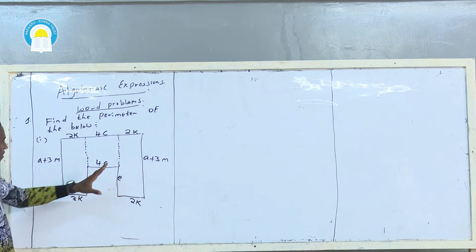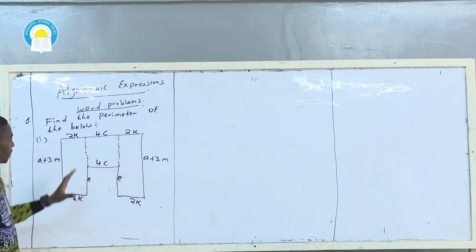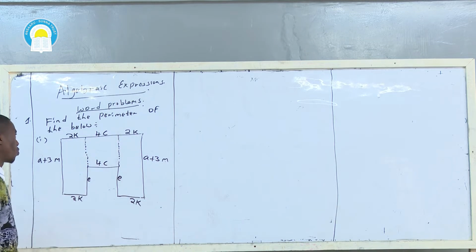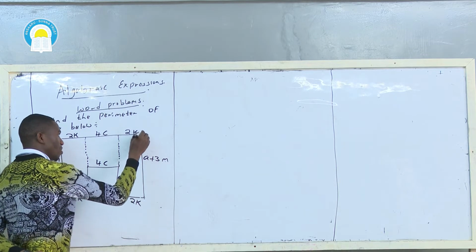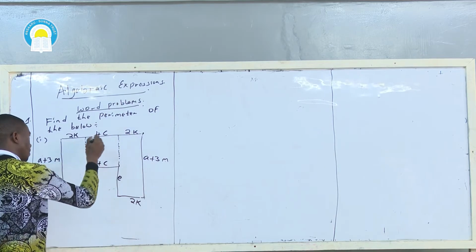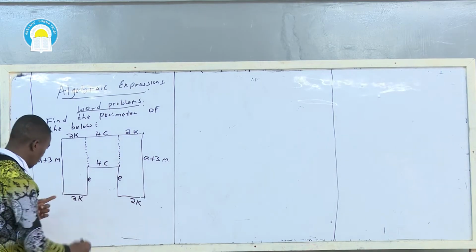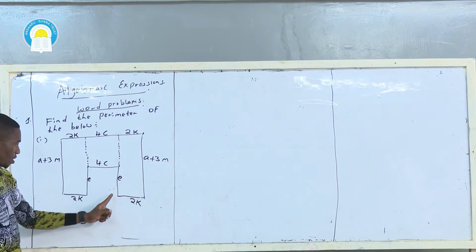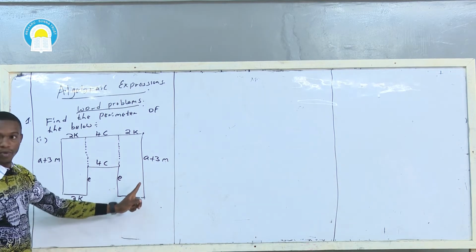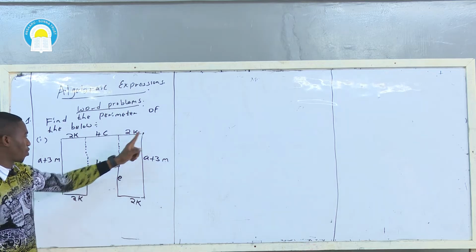Perimeter means distance all around a given figure. So we'll be moving from this point, going downwards, making a curve, going this way, this way, this way, then we join at this particular point.